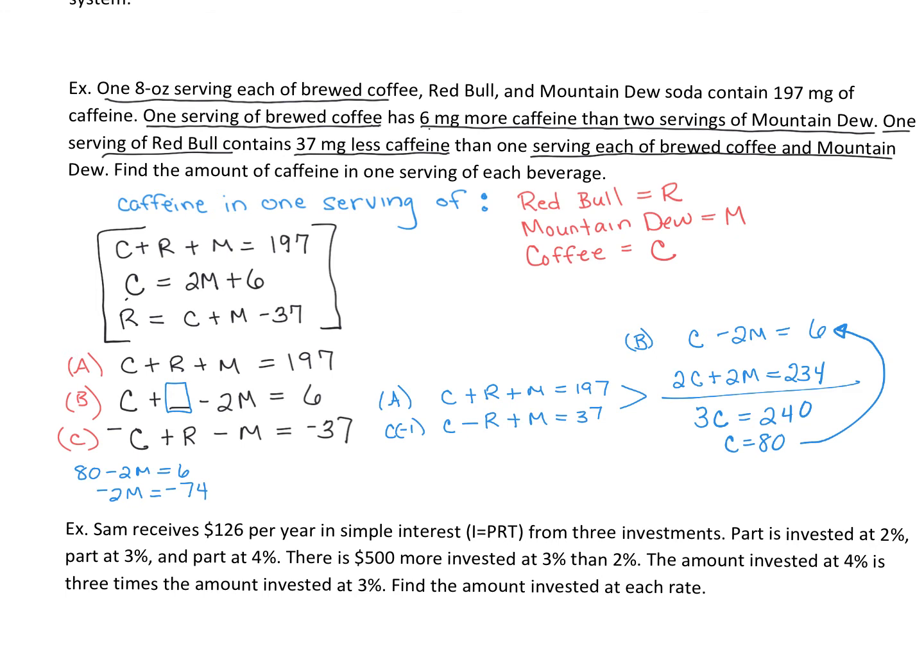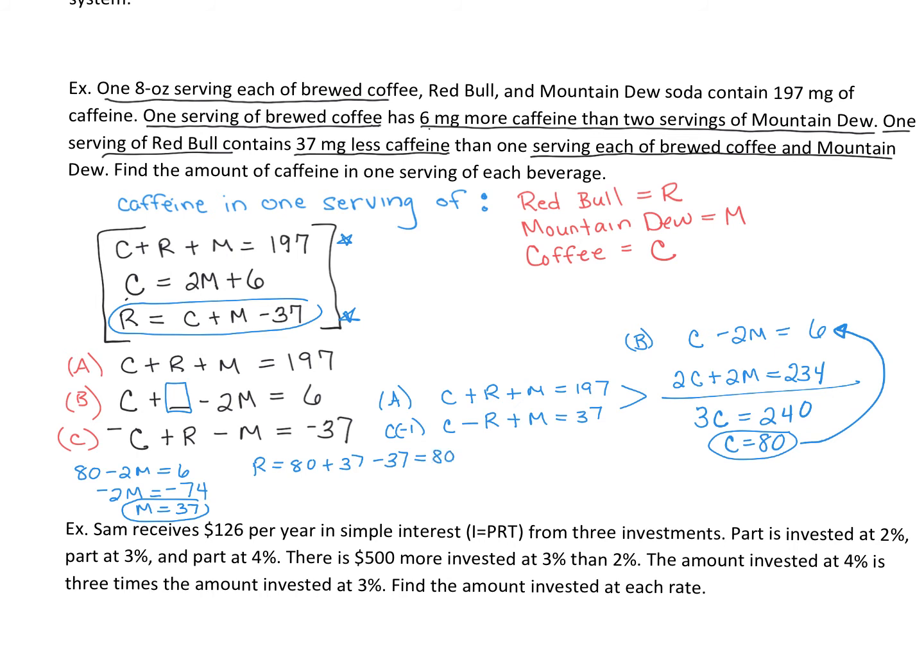So M is 37. And then I'll use my M and my C in one of the original equations to find R. Actually, I'm going to use this equation because it's already solved for R. So we've got R equals 80 plus 37 minus 37, which is just 80.